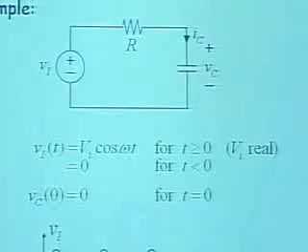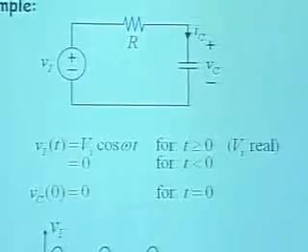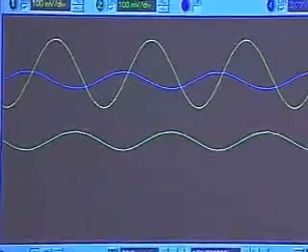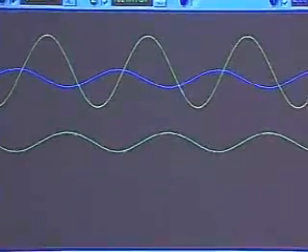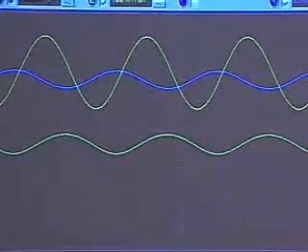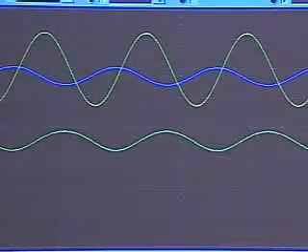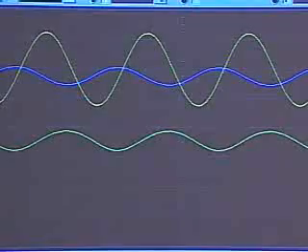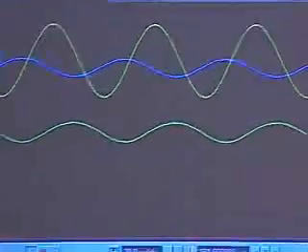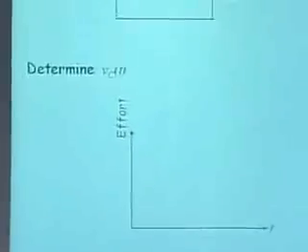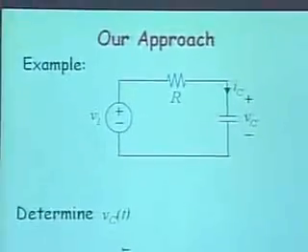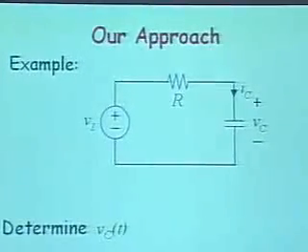I'll give you the answer: the behavior here tells me that when I feed a sinusoidal input, as the frequency increases, VC should be decreasing somehow, and also be shifting in phase. Let's do the derivation for that and see what happens. To give you some insight as to how to go about analyzing this, let me draw a little graph of the effort level.